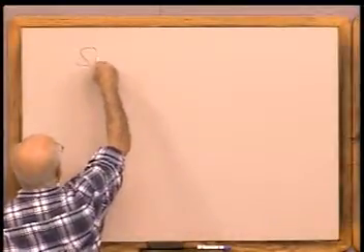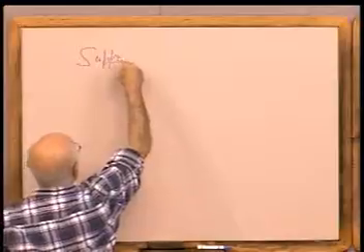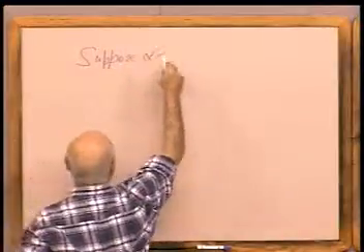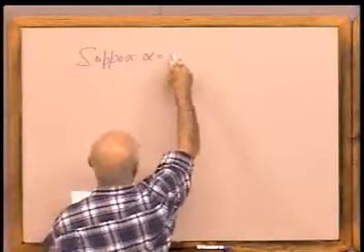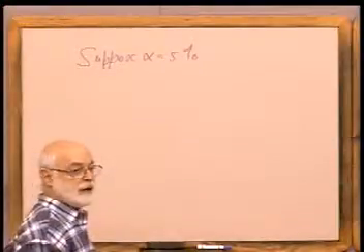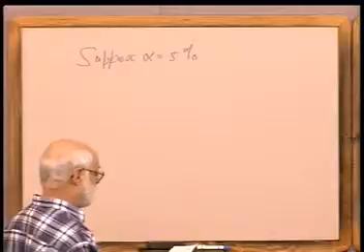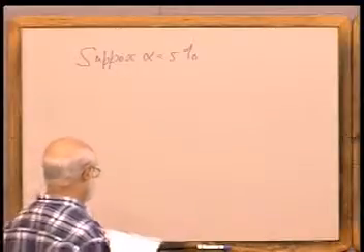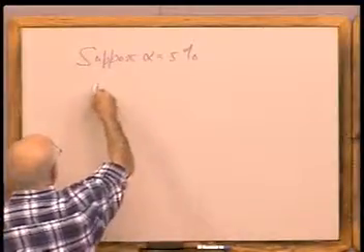Okay, so let's say, suppose alpha is equal to 5%. Okay, so this is arbitrary. I can make alpha anything I want, although alpha as 5% is often used as a convention. So first of all, why is that?